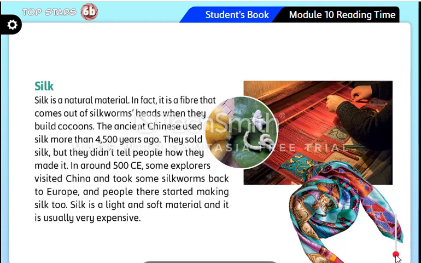What happened during the first century CE? People started making glass objects by blowing air down a tube. What is silk? It is a natural material which silkworms produce when they build their cocoons.